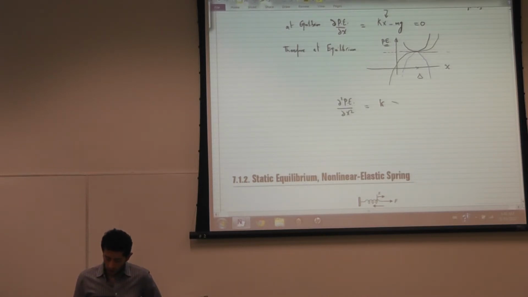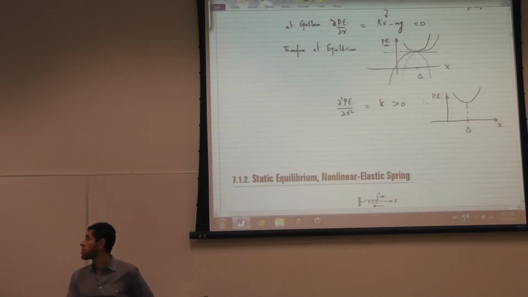Now this is greater than 0. Therefore, with potential energy versus x, this is delta, k is greater than 0, that means the potential energy of the system looks like this. At equilibrium, it is minimum.